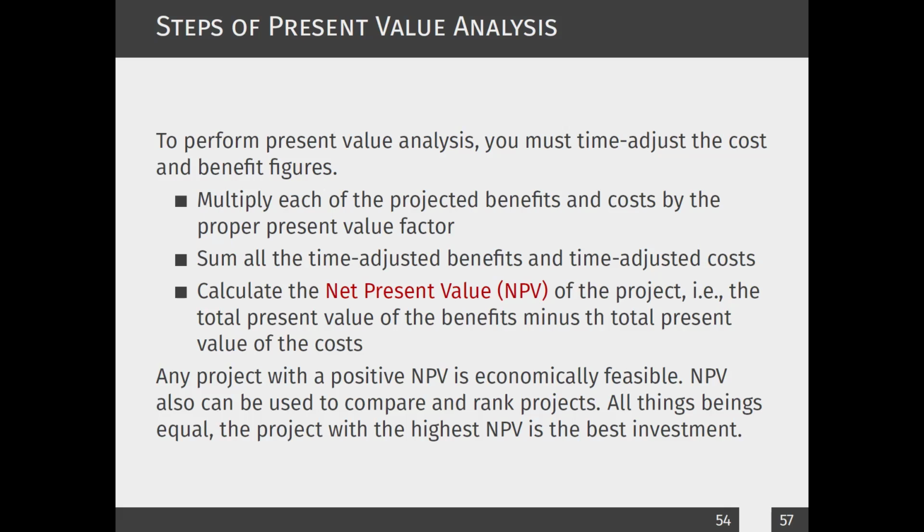When you're evaluating a project, you have to time adjust both. You find the present value factor from the present value table and multiply with each value, the benefit and the cost. Then sum all these benefits and costs. And if you're getting a positive value, then you can say the project is economically feasible.